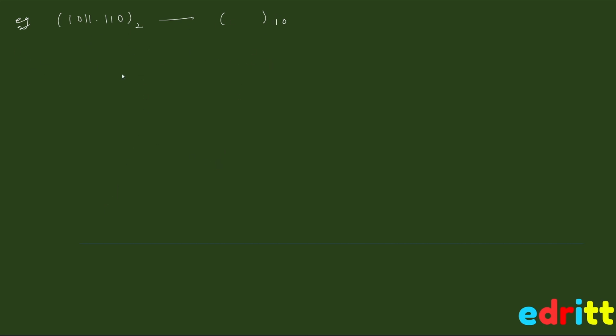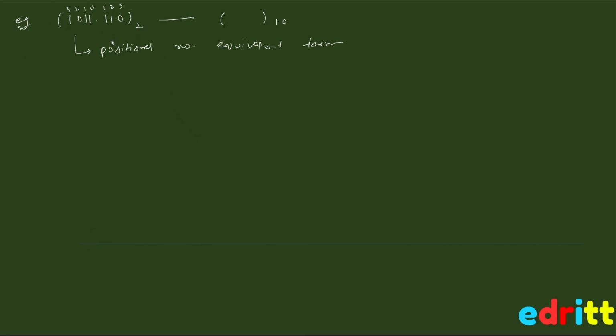You have to do nothing except write it in the positional number equivalent form. So this is 0, this is 1, this is 2, and this is 3. And this is 1, 2, and 3 after the point. I'm just defining their positions.